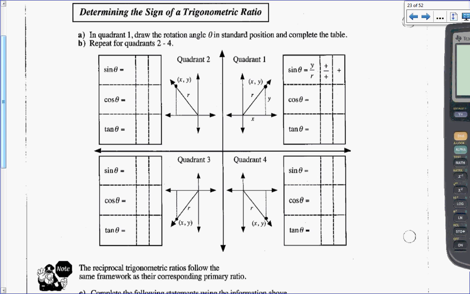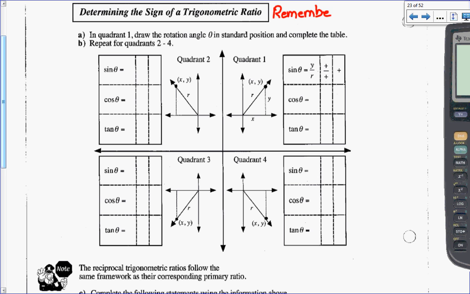Starting in quadrant 1. They've started for us already. So sine is y over r. And so if you look in quadrant 1, y values would be positive. R is always, always positive. In fact, let's make a note of that at the top of our page.